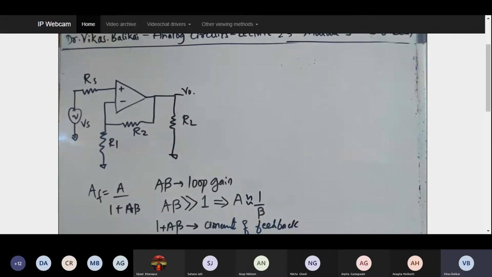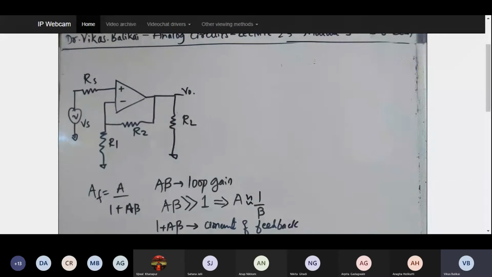Now we are going to have one small numerical based on the circuit I have shown here. The numerical statement goes like this: the non-inverting op-amp configuration as shown in this structure provides a direct implementation of the feedback loop.